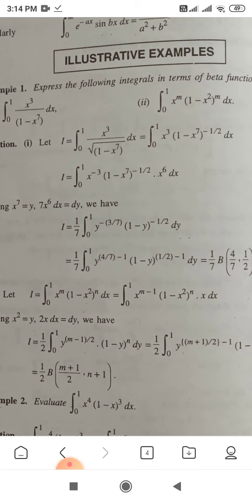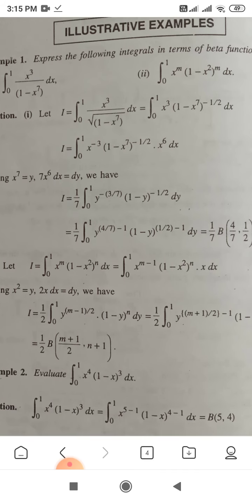is equal to 0 to 1 limit x to the power m minus 1, 1 minus x to the power n minus 1 dx. If the variable x is converted into y, then it becomes y to the power m minus 1 and 1 minus y to the power n minus 1.